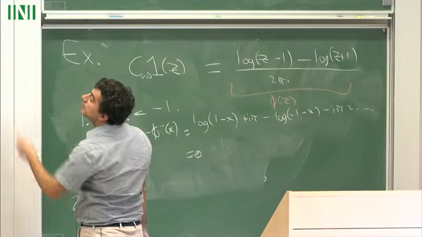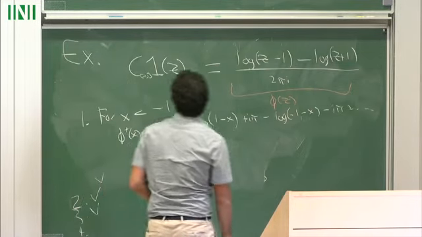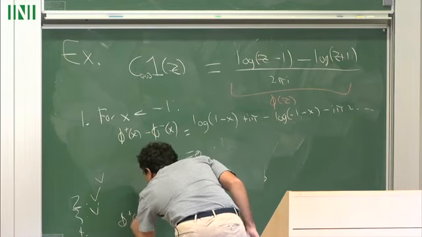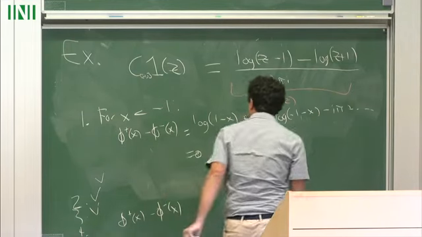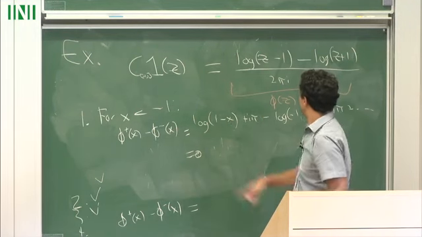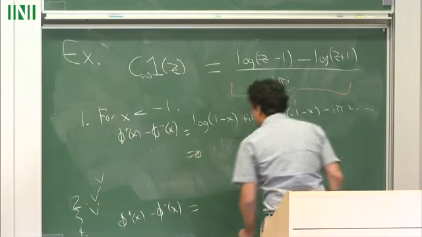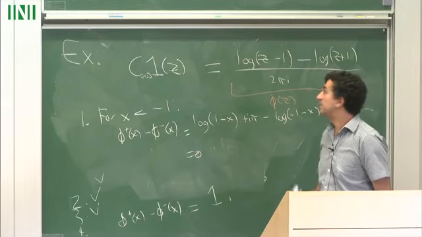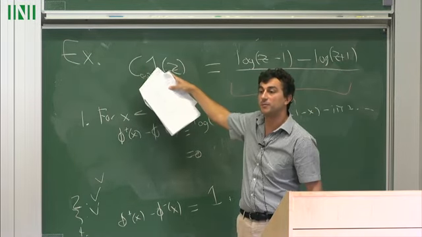Three, it definitely has weaker than pole singularities, and four, phi plus of x minus phi minus of x, for x between -1 and 1, we get log 1 minus x plus i pi, and then we get the other contribution, so yes, we get back just 1. Okay, so because this phi of z satisfies these four properties, it has to be the Cauchy transform of 1 over z.